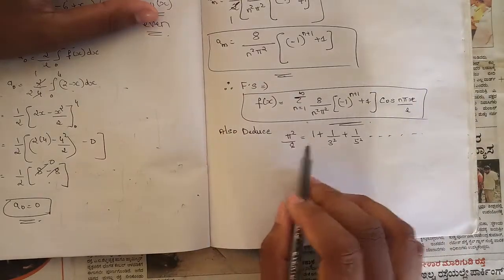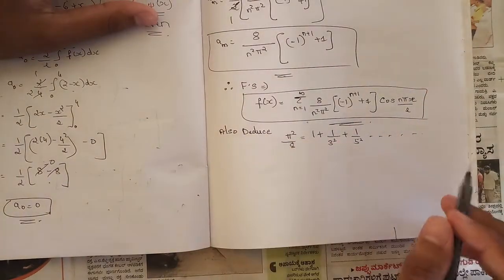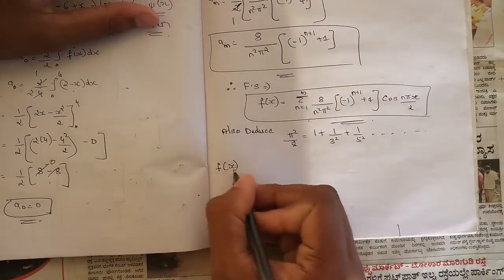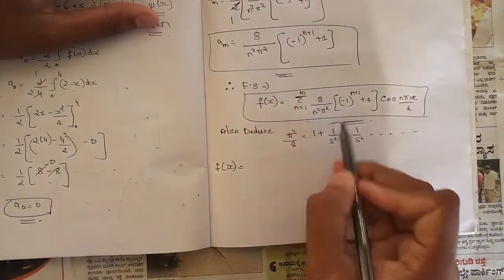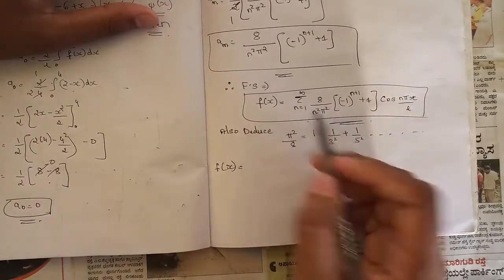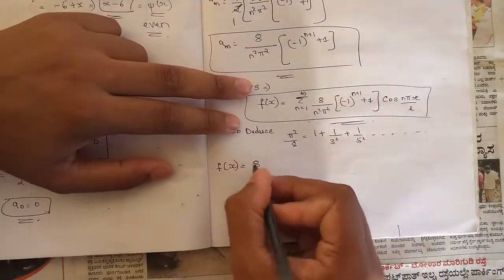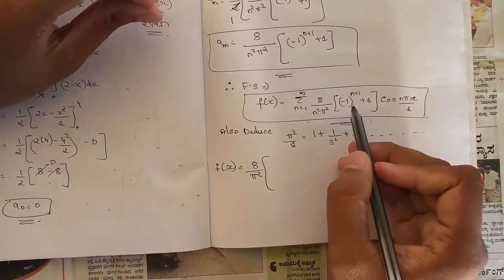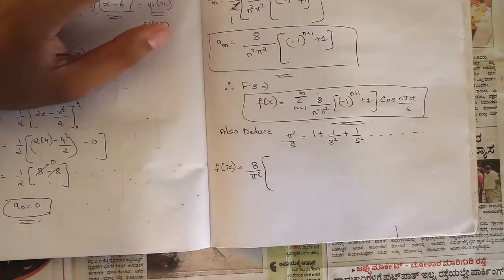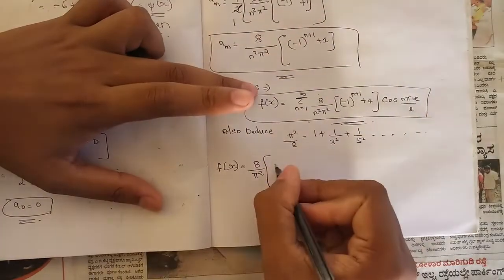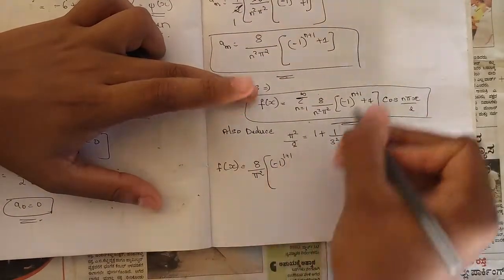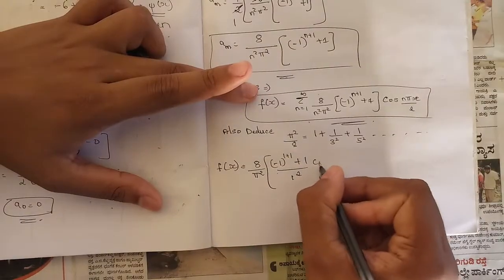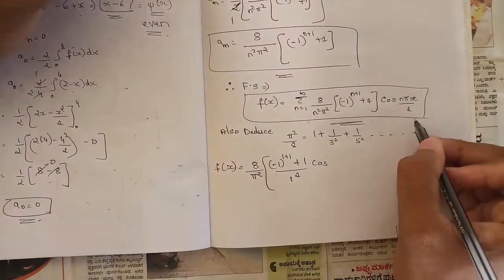For this case, first we need to split the Fourier series as you have done before. So first we'll write that f of x is equal to, take the constant term outside to remove the summation, that is 8 by pi square. So now one by one we need to substitute the value of n from 1 to infinity, that is minus 1 to the power 1 plus 1, plus 1 by 1 square cos n pi x by l, right?